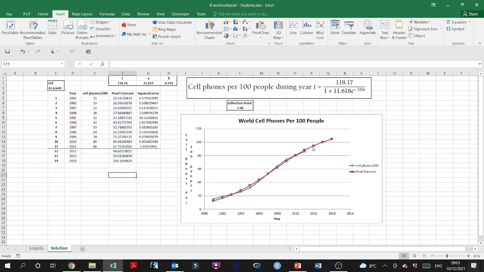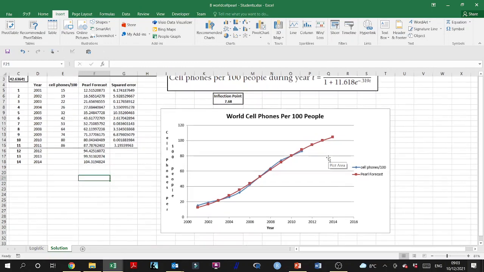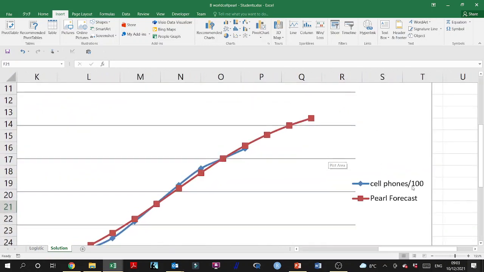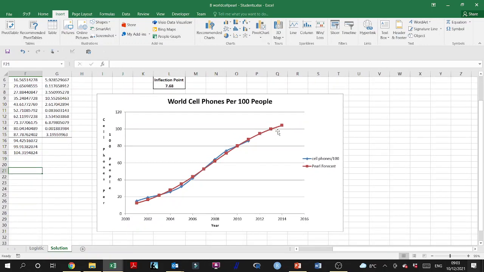As you can see, this is the one in red. This is the cell phones per 100, and this is the Pearl forecast. Look, this is the forecast, and it still looks awesome for an S-curve. Do you see that? We don't have the real values still, but it can forecast nicely for an S-curve.